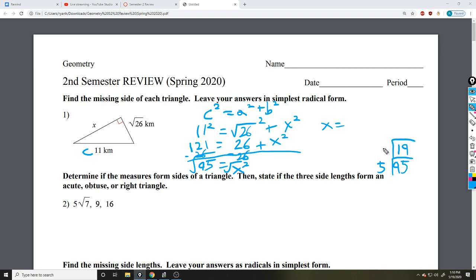And that's only divisible by 19. So we've hit our top of the tower. No pairs. No pairs means we leave it as square root of 95. So that's Pythagorean theorem, remembering that hypotenuse is our longest side across from the right angle. This jumps around a little bit as far as order goes. Next.